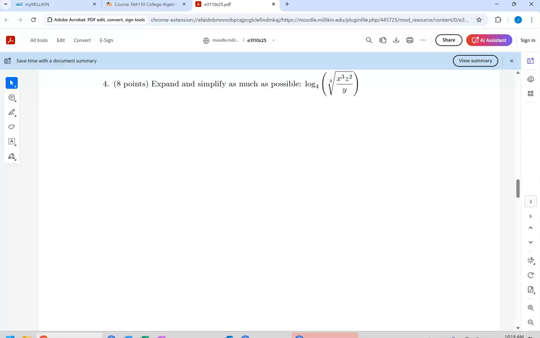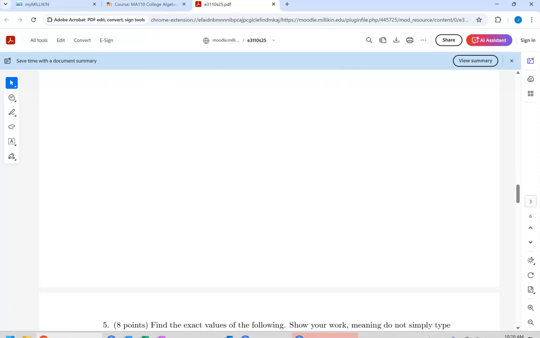And if you have a power on the inside, what can you do with the power? Bring it out in front, right? Those are the big ones. So in this case, the first thing you would do is rewrite that as a 1/3 and bring the 1/3 down in front. That would be step 1. So don't forget about your log properties. They're important.